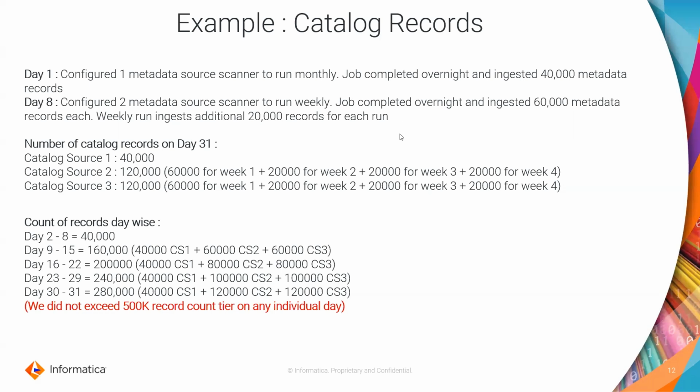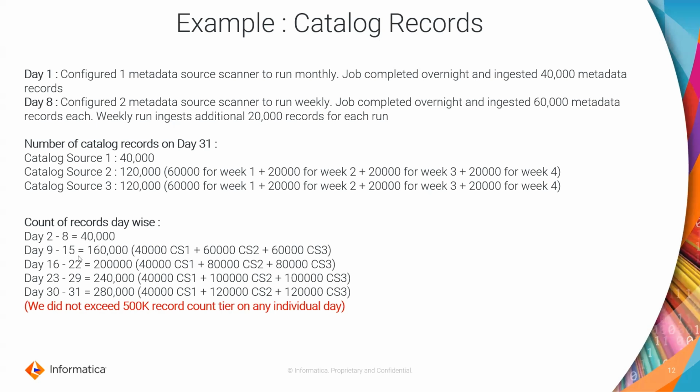So here, when we see the number of catalog records on day 31, catalog source 1 has 40,000 records, catalog source 2 has 120,000, and catalog source 3 has 120,000 records as well. Now, once we go to calculate the records day-wise, since the IPU calculation is on a per day basis, from day 2 to day 8, we are seeing there are 40,000 records.